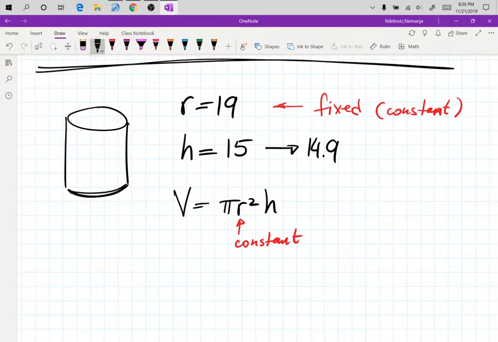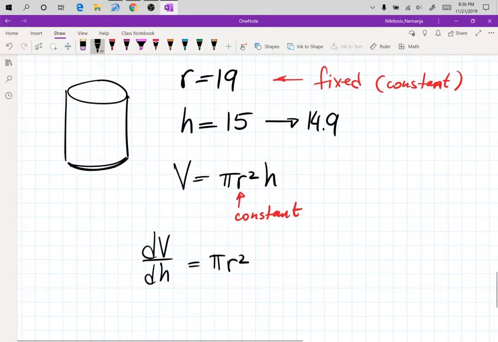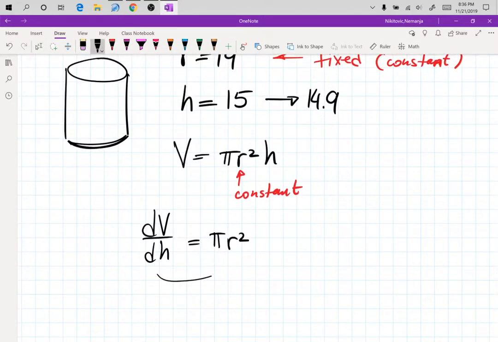So, when I take the change in volume with respect to h, dV/dh, it's going to be pi r squared, because the derivative of h is just 1. There is no dh/dt and stuff, it's not related rates. Now, we are going to move dh to the other side and get the differential, which is dV = pi r squared dh.